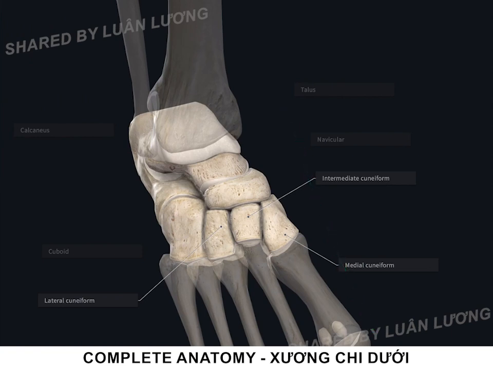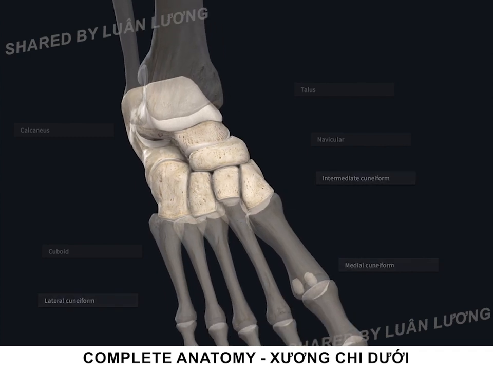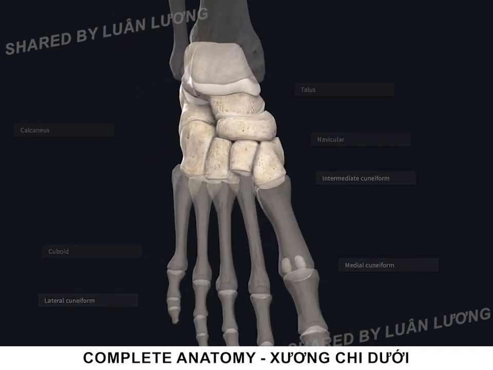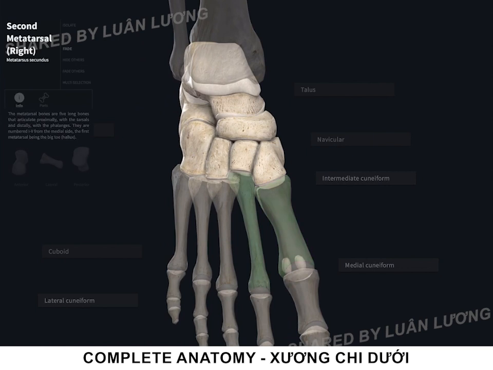And even though this is not the most lateral bone in the foot, it is more lateral than the other two cuneiforms. And we can see that each cuneiform is going to meet up with its own individual metatarsal. And there is some amount of overlap between these bones where they meet. However, it's more or less a 1-to-1 ratio between these first three digits and the three cuneiforms.